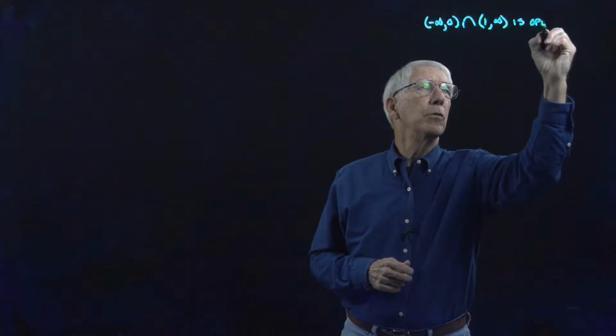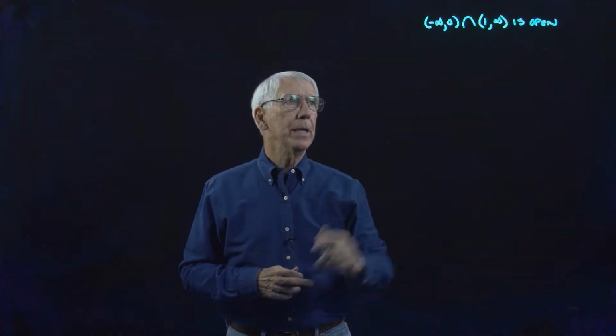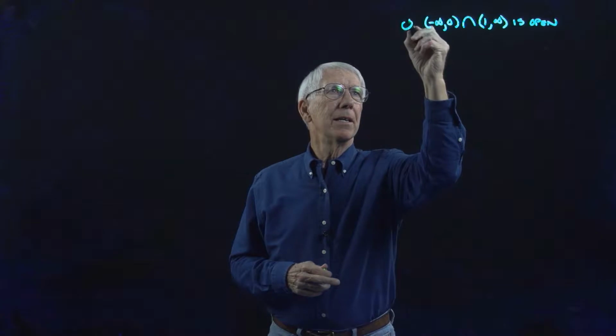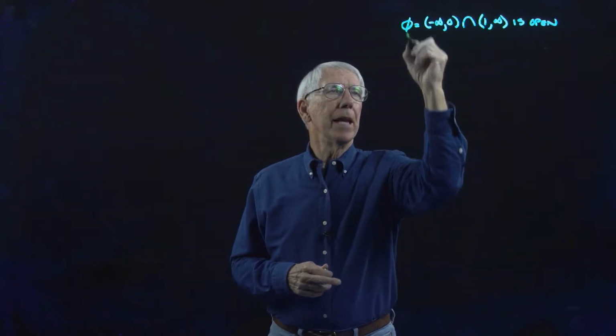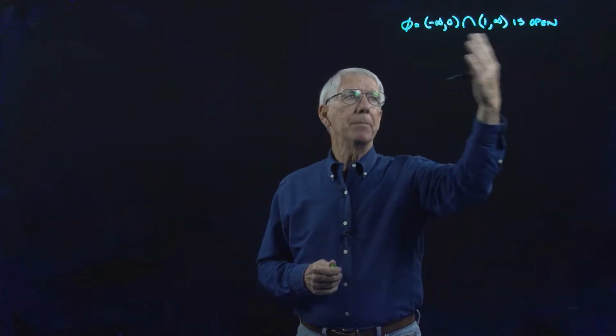In fact, we proved that the intersection of any two open sets is open. And of course, this is the empty set. And so therefore, we proved that the empty set is open.